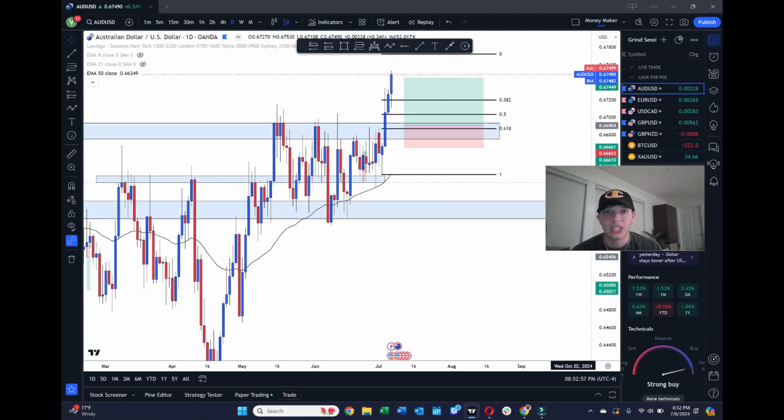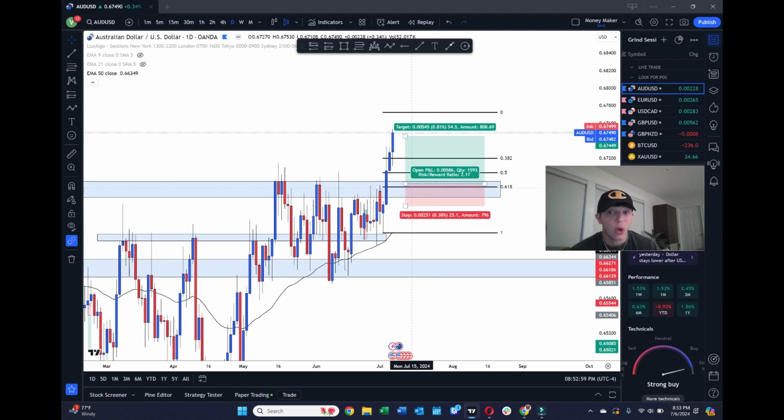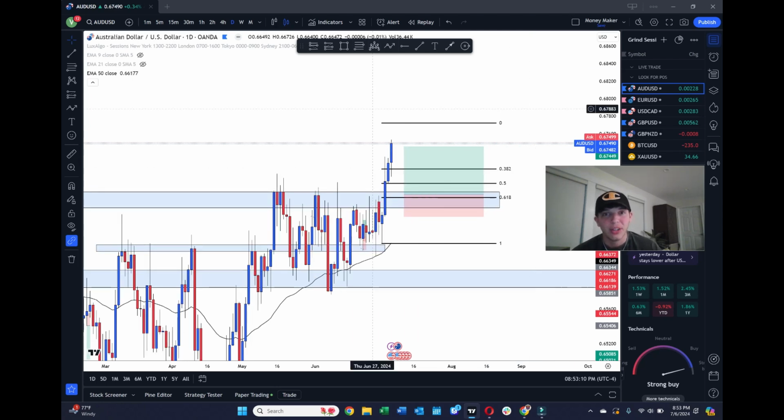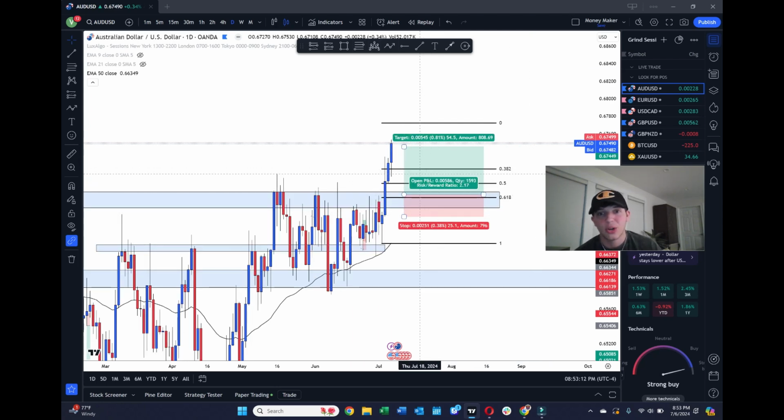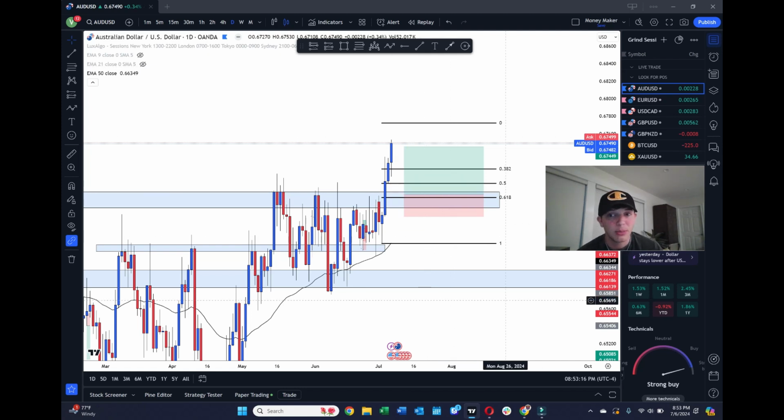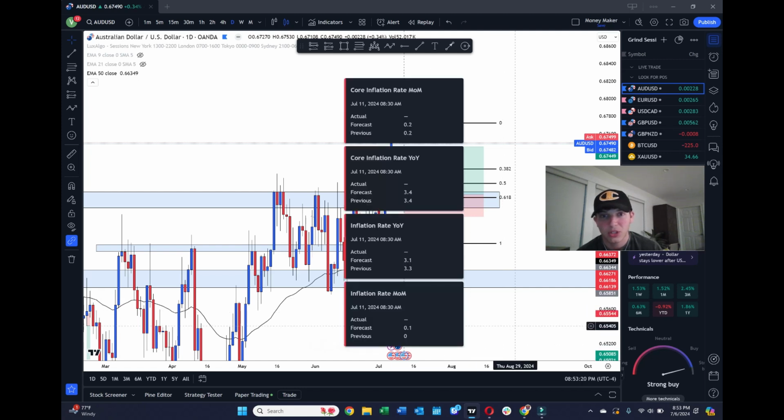So I can guarantee, if we are in a position here, and we are a little bit in profit, I will most definitely move my stop loss to break even, because if we don't, we're at risk of just tanking. But let's say we are in a position, we're a little bit in profit and we move our stop loss to break even, then it might be a little bit of a gamble, but we could just wait for the market to do its thing, right?